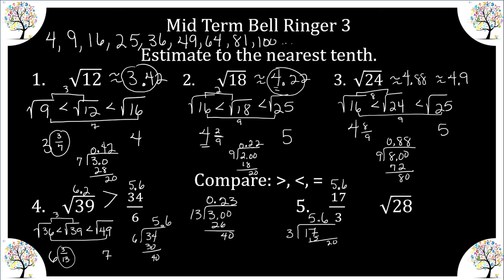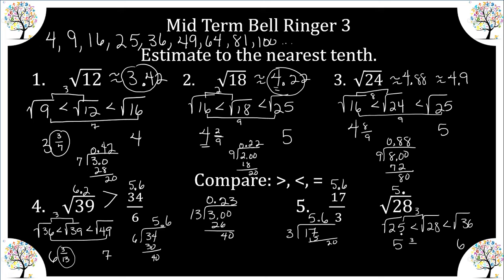The square root of 28, we can see up here, is between 25 and 36. So the square root of 25 is less than the square root of 28, which is less than the square root of 36. So we know that the square root of 28 comes between 5 and 6 on the number line. And from 25 to 28 is 3.